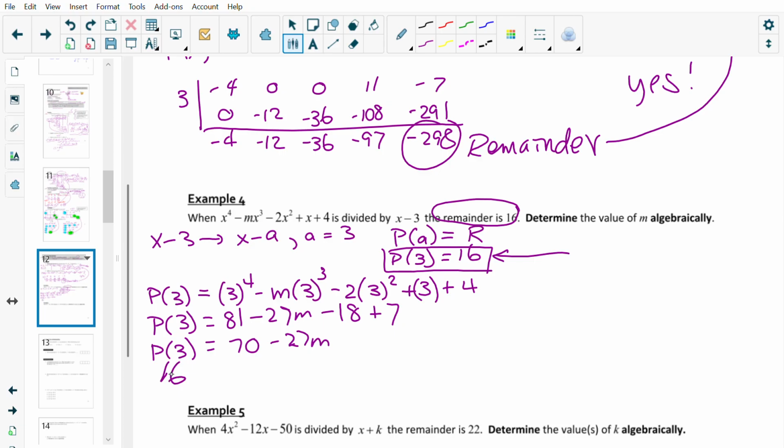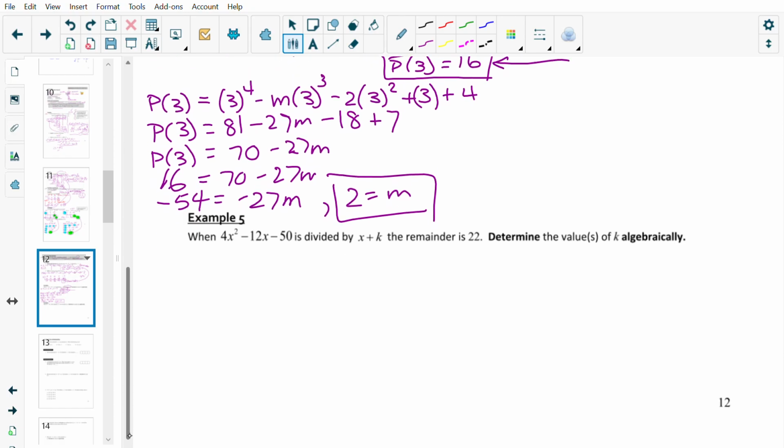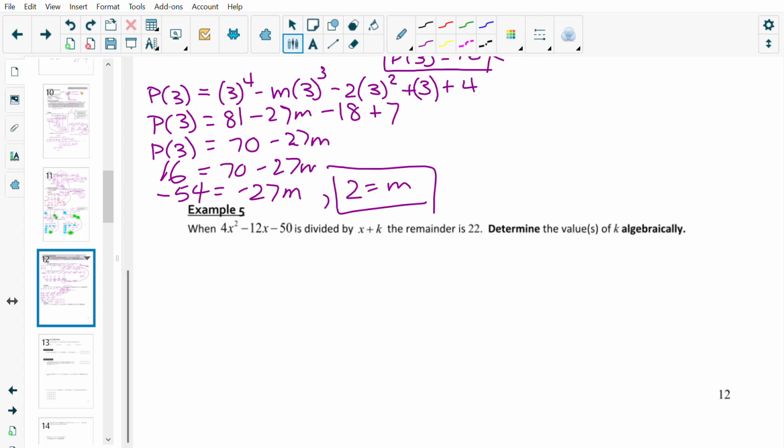Remember, we said p of 3 right here. 16 equals 70 minus 27m. Let's solve for m. Okay, m equals 2.